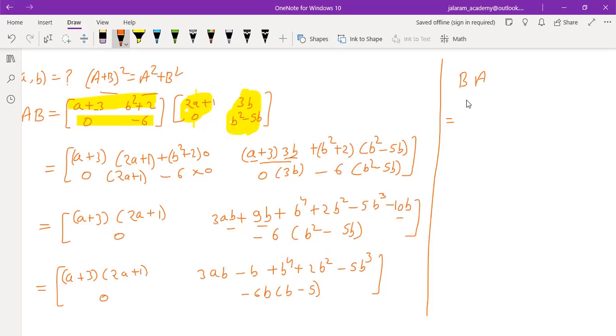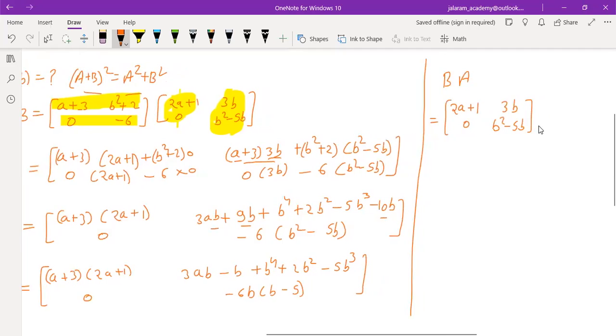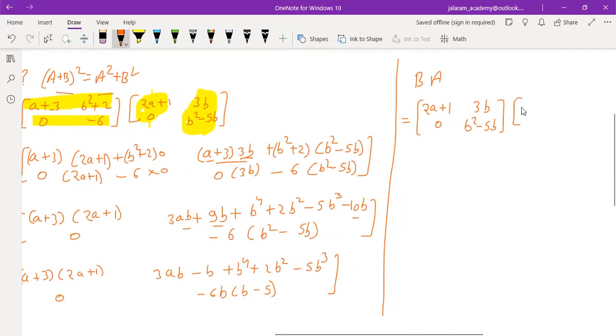BA means matrix B, 2A plus 1, 3B, 0, B square minus 5B will be multiplied to matrix A, A plus 3, B square plus 2, 0, minus 6.